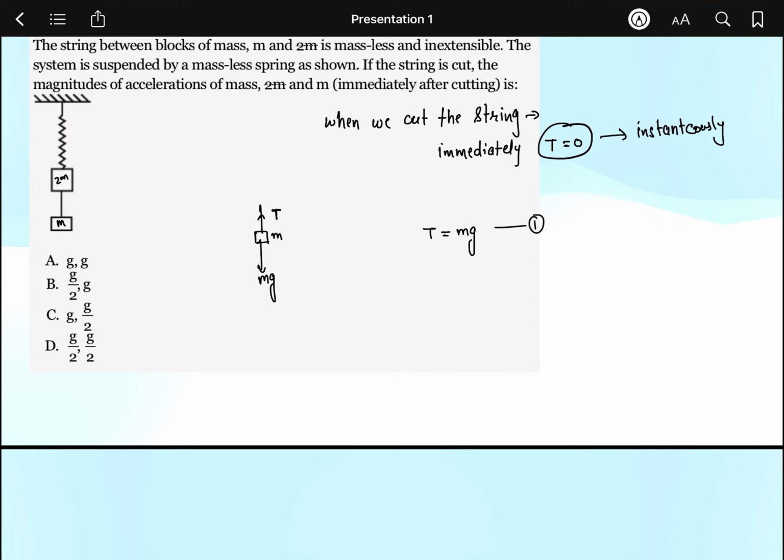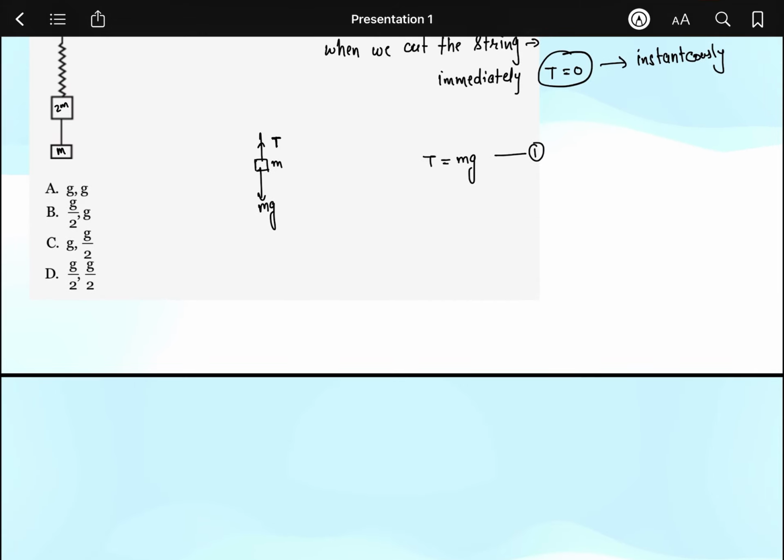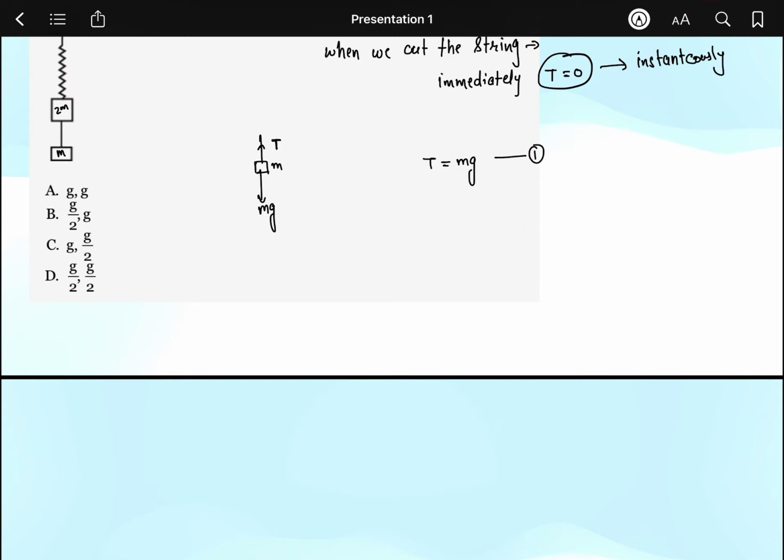Let us suppose this is our equation number 1. Now let us suppose there is an extension in the spring that is equal to x. So since it is extended, there will be a spring force acting due to this extension in the spring that is equal to k into elongation in the spring. That elongation is x. So this is our spring force.